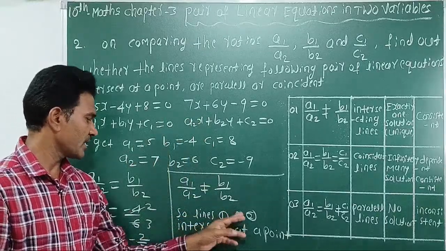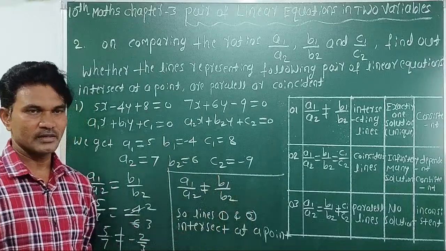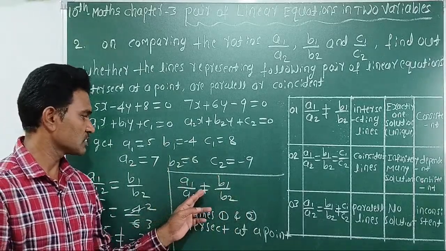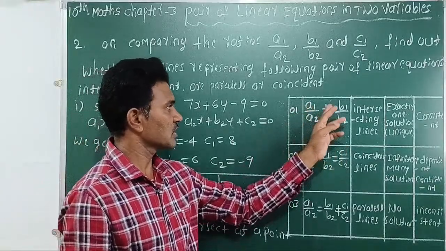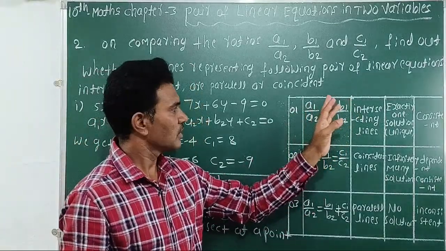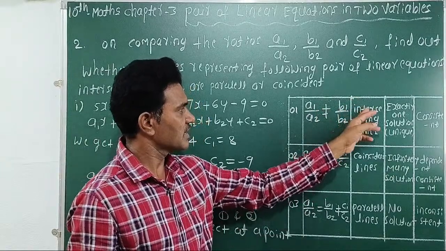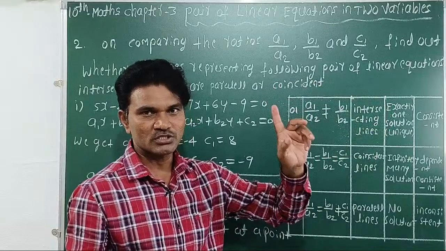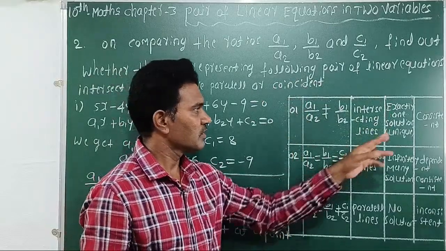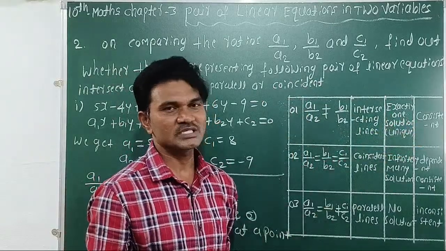So lines 1 and 2 intersect at a point, because a1 upon a2 is not equal to b1 upon b2. According to this table, if a1 upon a2 is not equal to b1 upon b2, the two lines are intersecting lines, they have exactly one solution or a unique solution. Both equations are consistent.